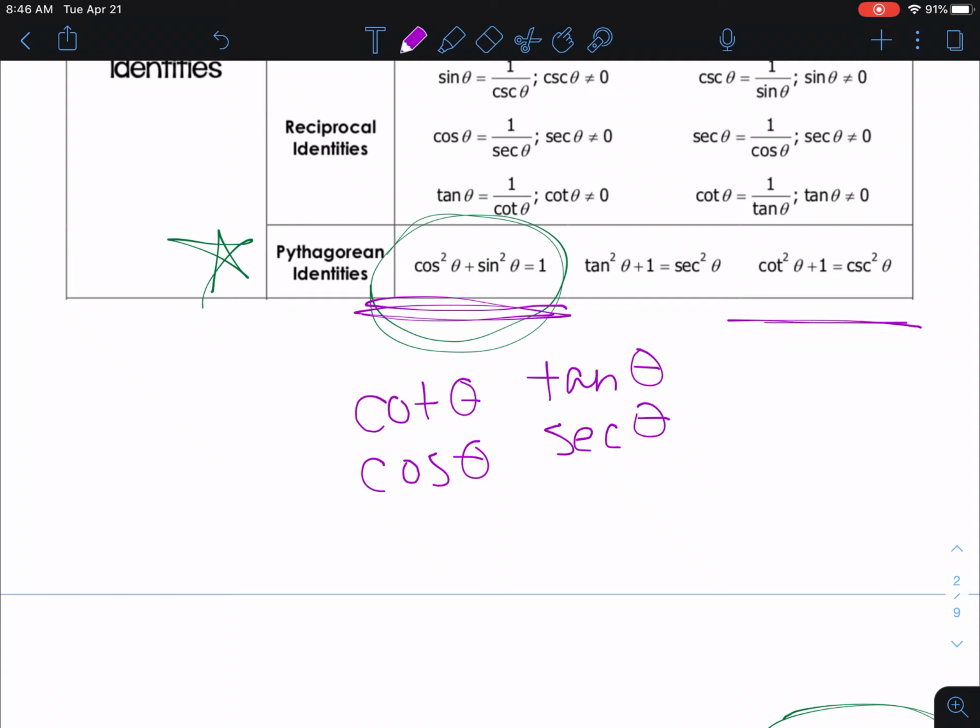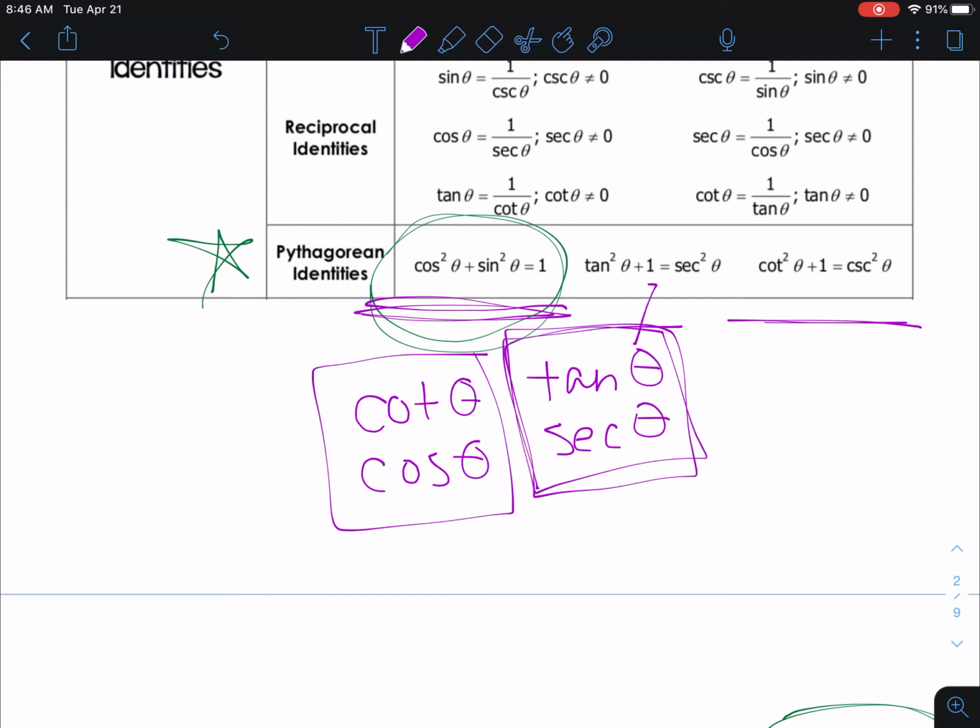Well, I don't have these two together, but if you look at these trig identities, I do have these two together right here. I can't find any that puts cotangent and cosine together, but that's okay because these are just reciprocals of each other. So if I can find their reciprocals together, I could still get there. So I want to use tangent squared theta plus 1 equals secant squared theta instead.